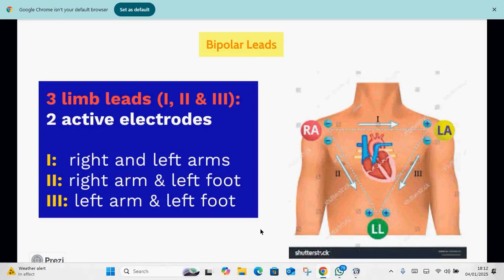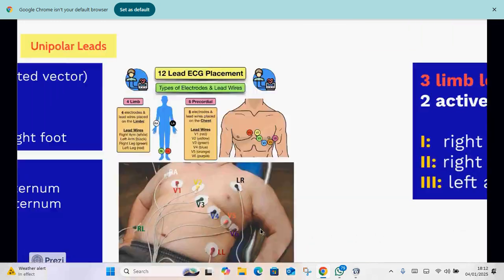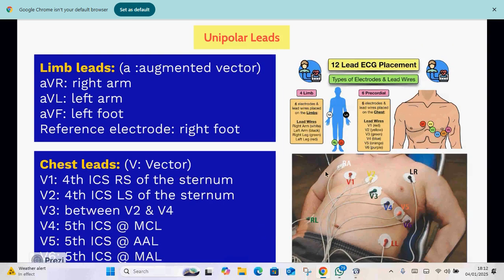Clear. So we have 10 electrodes. Do you know where we put the 10 electrodes for the ECG? 4 limb electrodes and 6 chest electrodes.